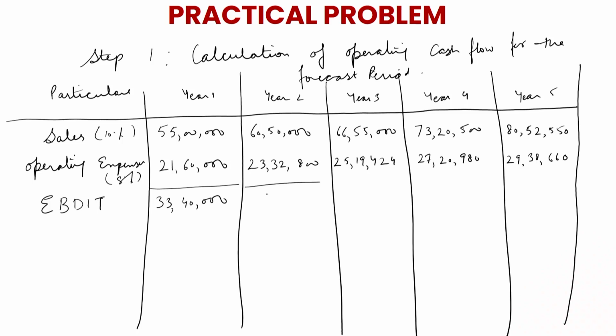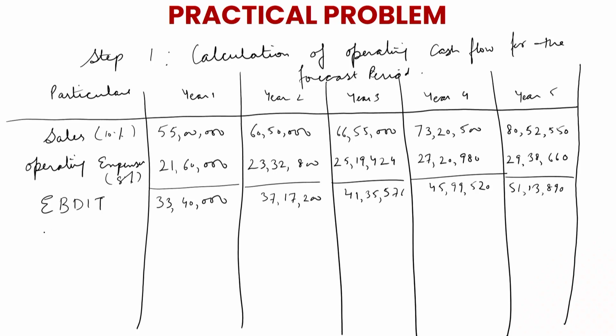Then 37 lakh 17,200, 41 lakh 35,576, then 45 lakh 99,520 rupees, and in the last, fifth year, 51 lakh 13,890. We haven't taken into account the depreciation yet.